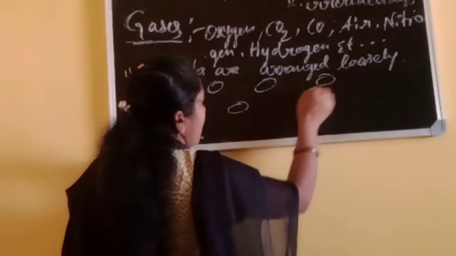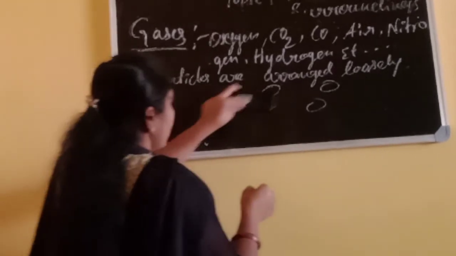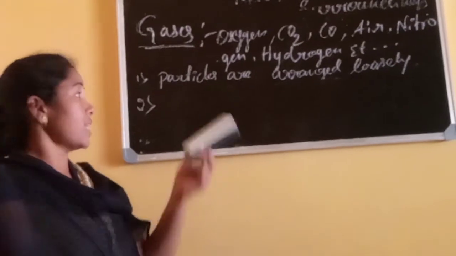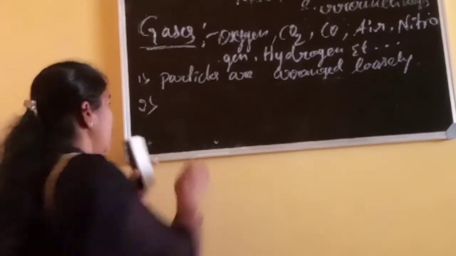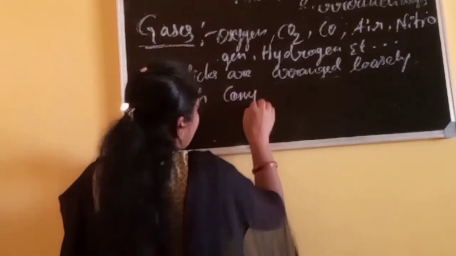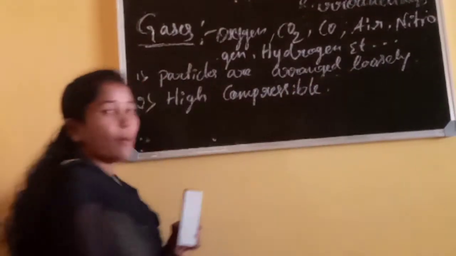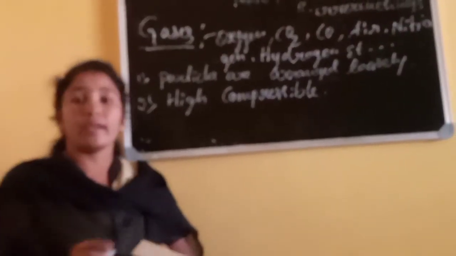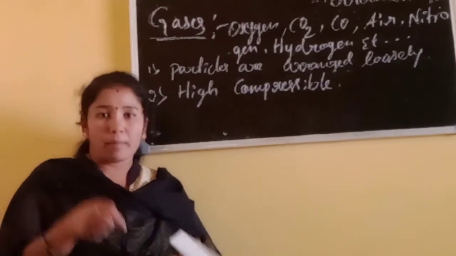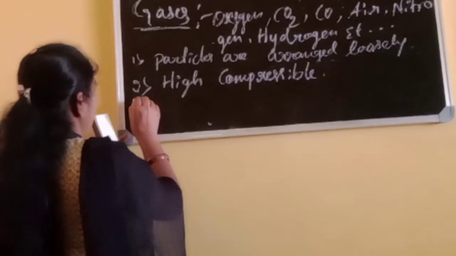Next, see the second property: gases are highly compressible. We can compress them. For example, in our cooking gas cylinders, more gas is compressed in them. Like that, we can compress gases.